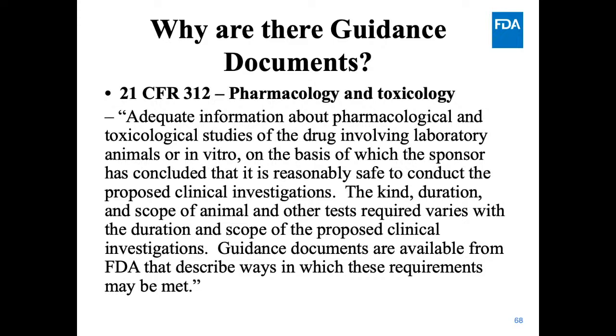According to 21 CFR 312, pharmacology and toxicology, adequate information about pharmacological and toxicological studies of the drug, involving laboratory animals or in vitro, on the basis of which the sponsor has concluded that it is reasonably safe to conduct the proposed clinical investigations. The kind, duration and scope of animal and other tests required varies with the duration and scope of the proposed clinical investigation. Guidance documents are available from FDA that describe ways in which these requirements may be met.